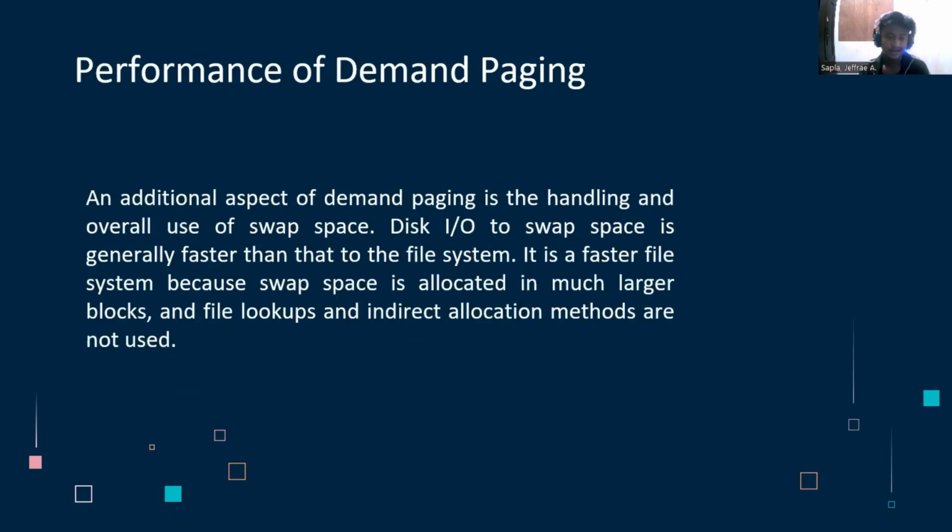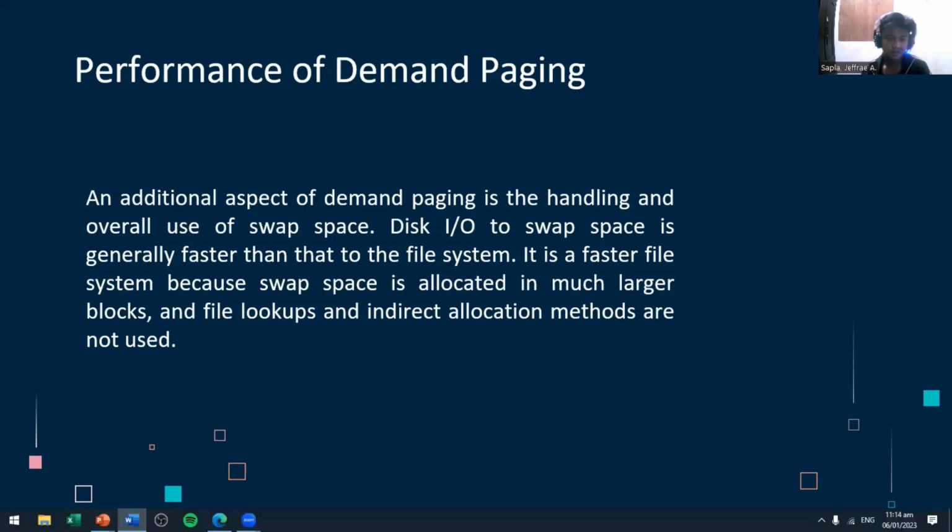So ito po siya. An additional aspect of demand paging is the handling and overall use of swap space. Input-output to swap space is generally faster than the file system. It is faster because swap space is allocated in much larger blocks, and file lookups and indirect allocation methods are not used.